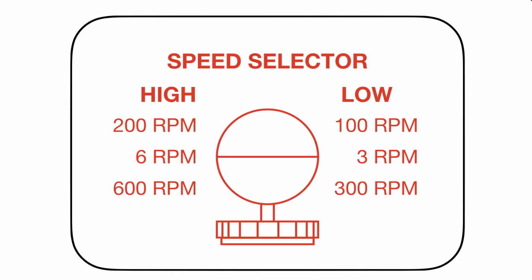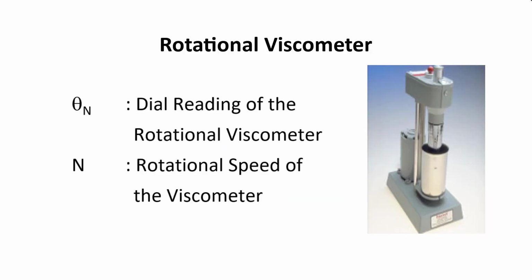A 6-speed viscometer provides measurements at 3, 6, 100, 200, 300, and 600 RPM. The dial reading of the rotational viscometer is defined as theta sub n, where n is the rotational speed of the viscometer.